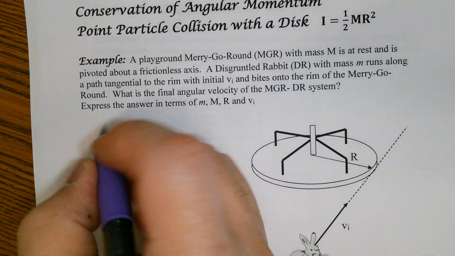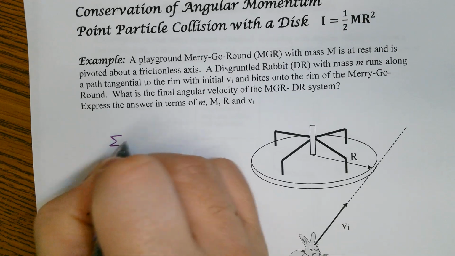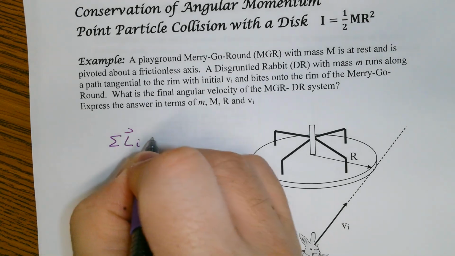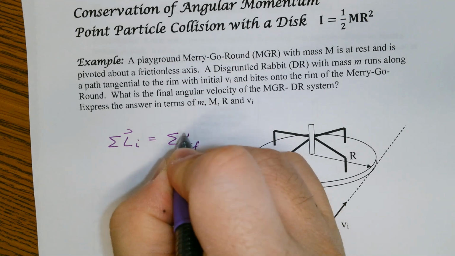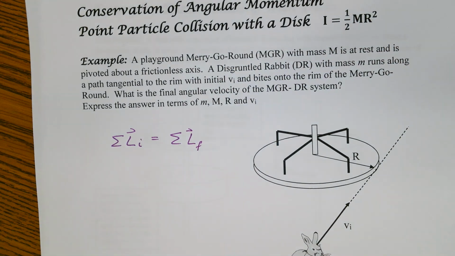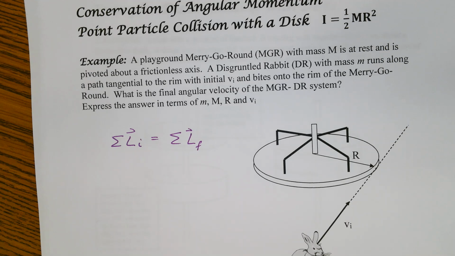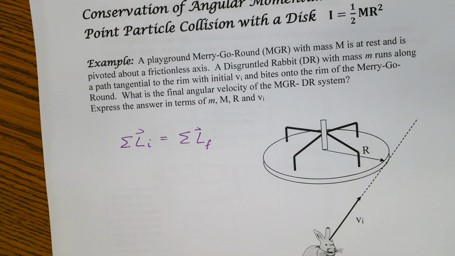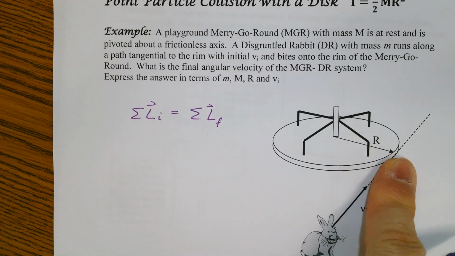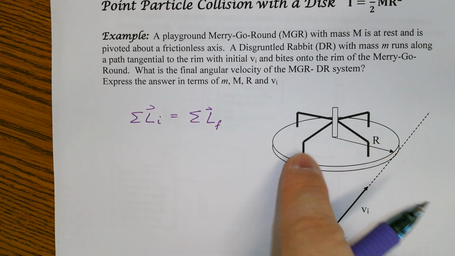Why? Because we know the laws of conservation of angular momentum. Initially, I only have the rabbit moving at vi. The merry-go-round is at rest.